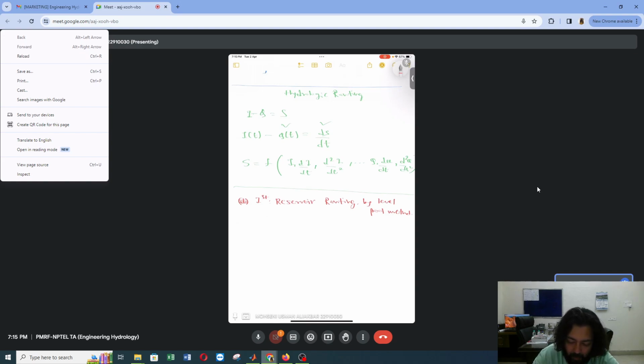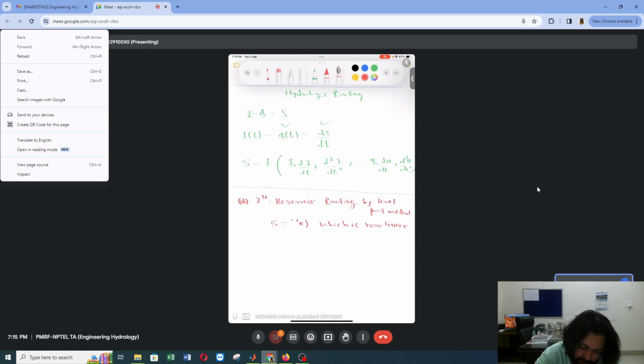We'll talk more about this in the next few minutes, but for now you need to understand that the storage is a function of discharge, which is non-linear. We'll talk more in detail about the level pool method, but for now the only thing that we need to remember is that it is a function of outflow, but that too a non-linear function.